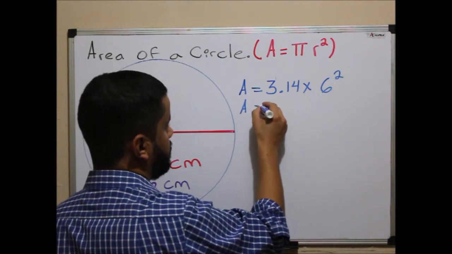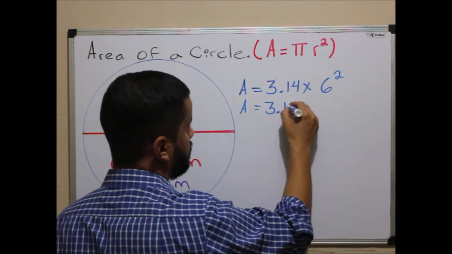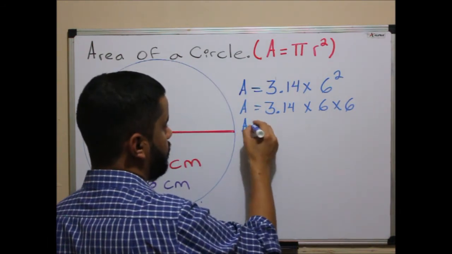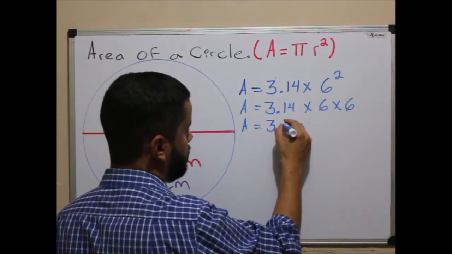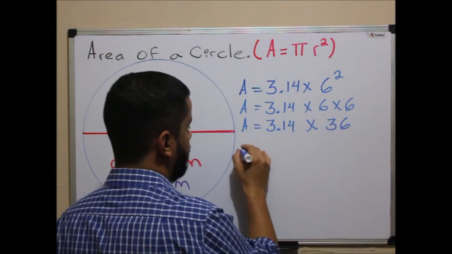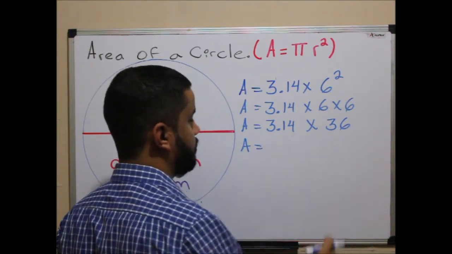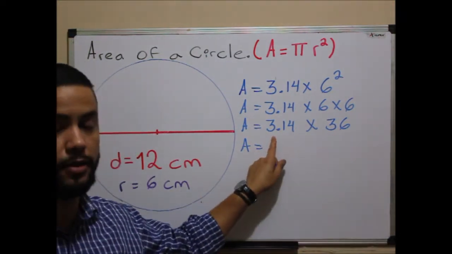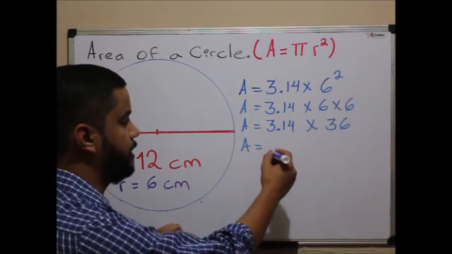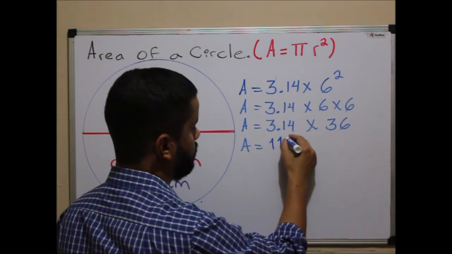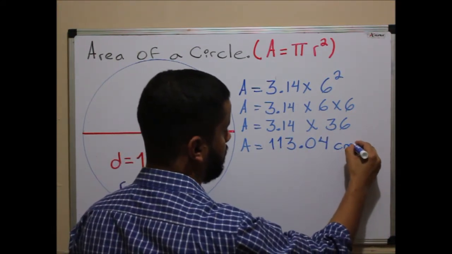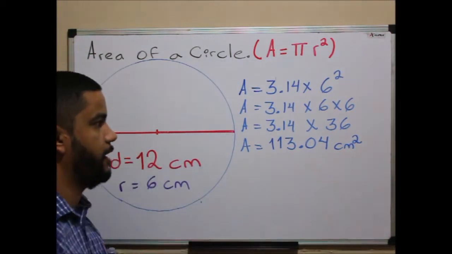We're going to change that square into numbers. That will be 6 times 6. Now the area will be equal to 3.14 times 6 times 6, which is 36. And now we're going to solve that product. You can use a calculator to find 3.14 times 36, which will be equal to 113.04 centimeters squared. And there it is.